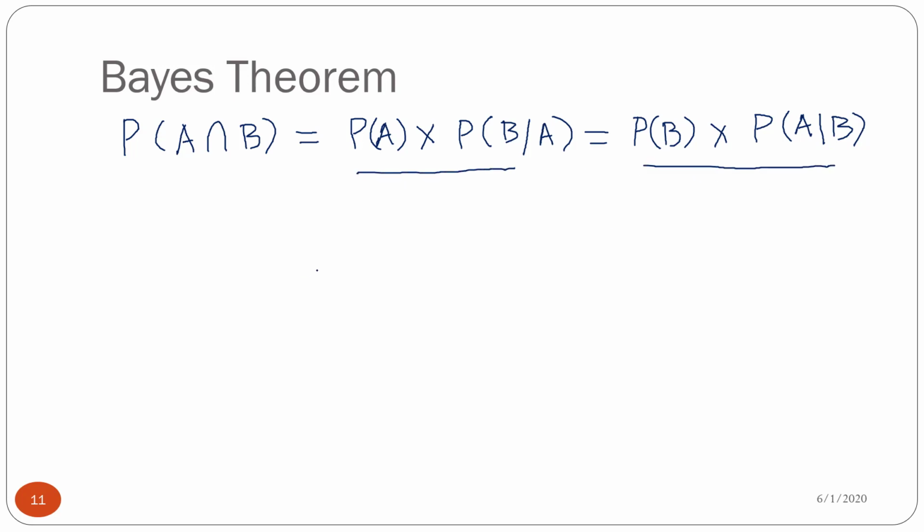Now if you want to know the conditional probability of B given A, let's work on these two parts.